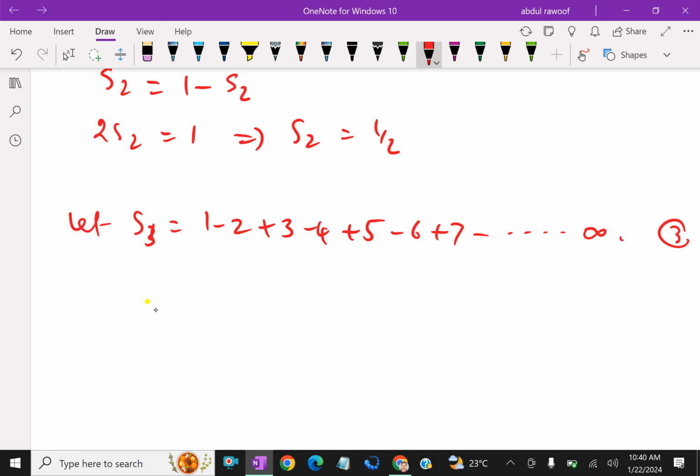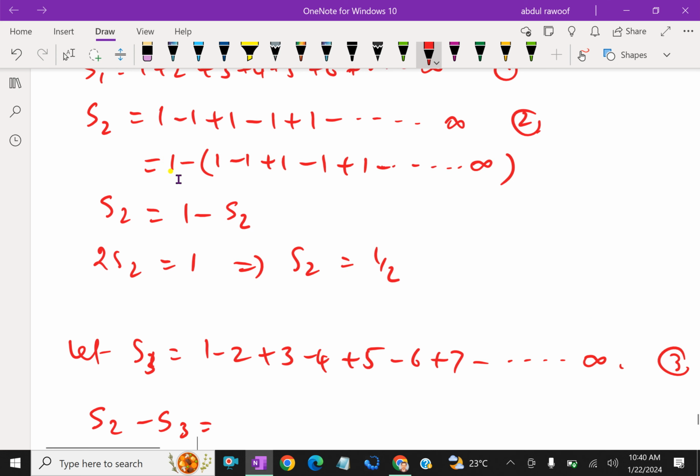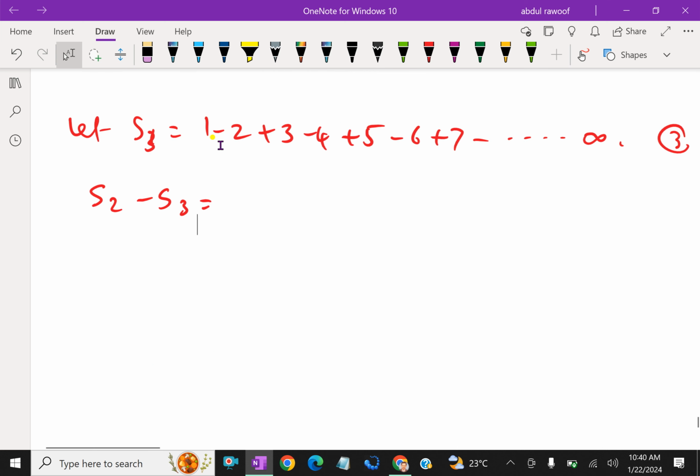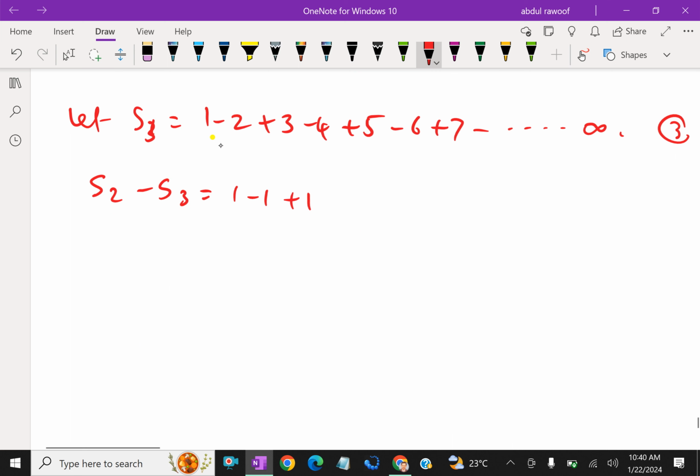Now look at S2 minus S3. What is your S2? S2 is this series: 1 minus 1 plus 1 minus 1 plus 1 up to infinity, minus S3, which is 1 minus 2 plus 3 minus 4 plus and so on.